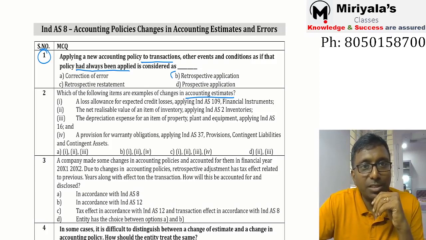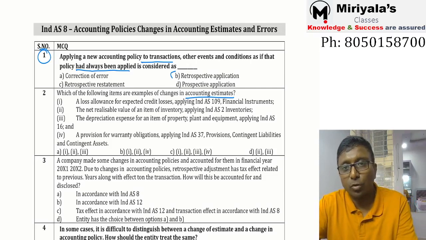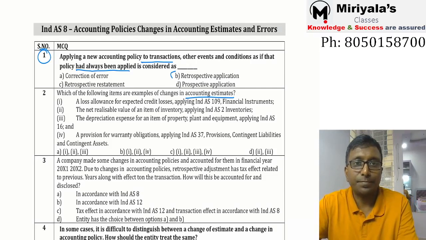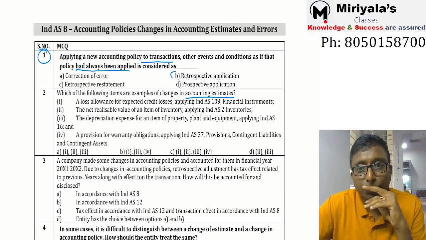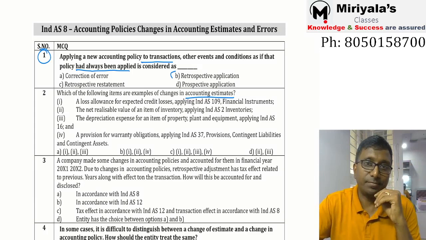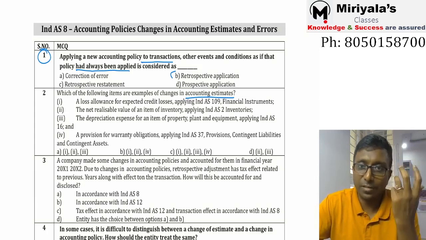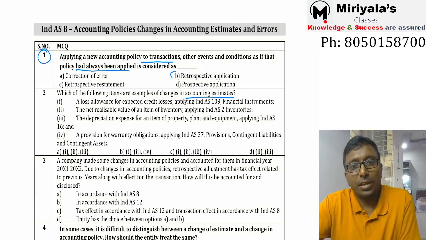The depreciation expense for items of property, plant and equipment as per Ind AS 16. Provision for warranty. All the things are there in C. The first one is provision for doubtful debts. Loss allowance is nothing but provision for doubtful debts. Yes, guys, answer.